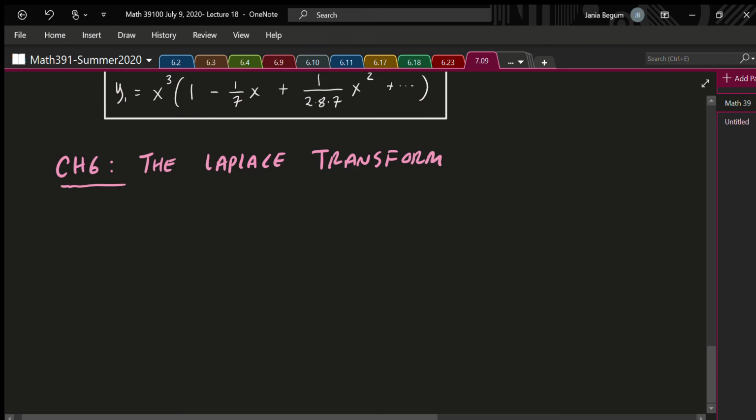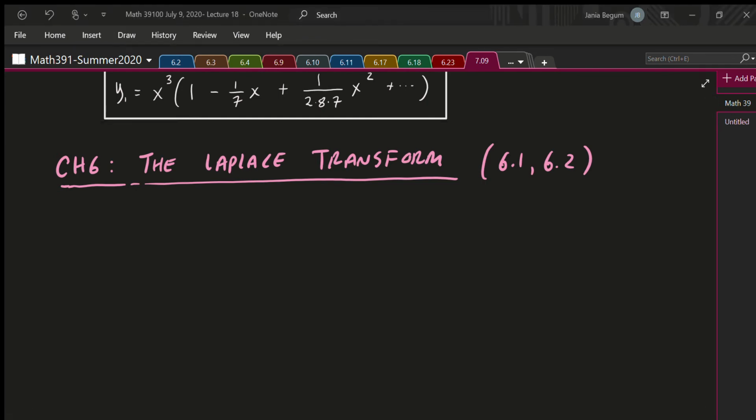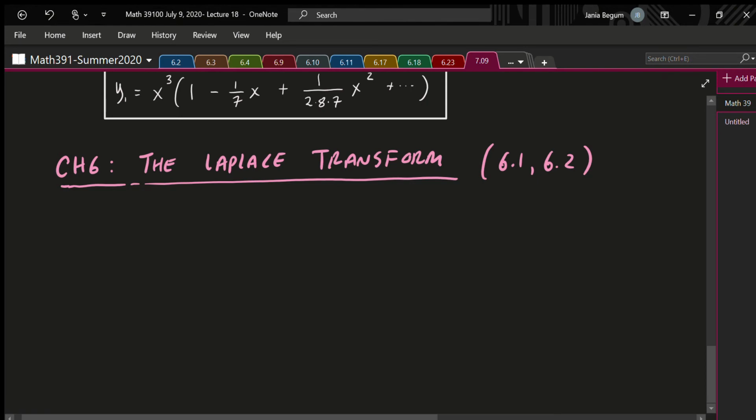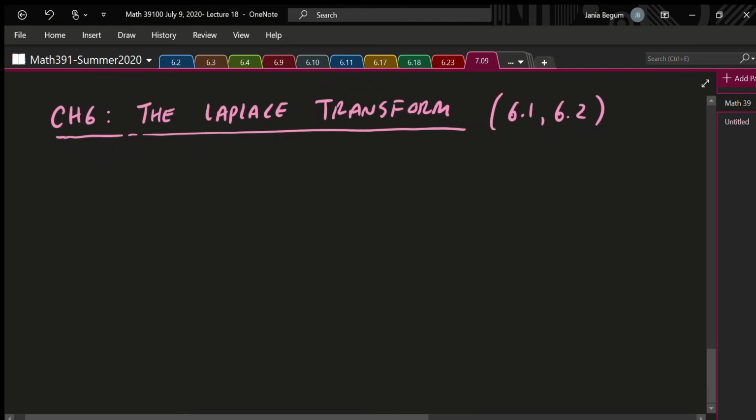We're just going to do 6.1 and 6.2. So we're not going to do much, but these are really good topics to spend time on. Okay, so let's start off with 6.1, which is the definition of the Laplace transform.